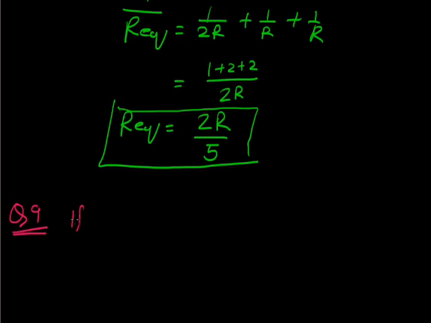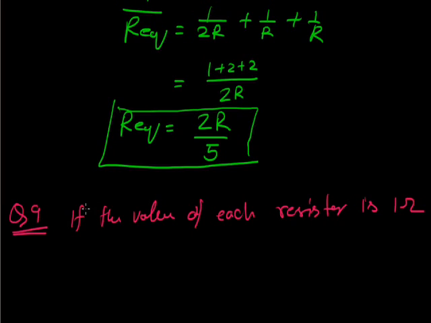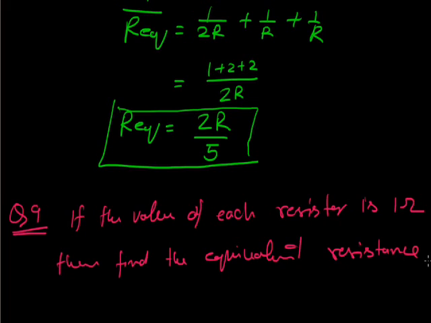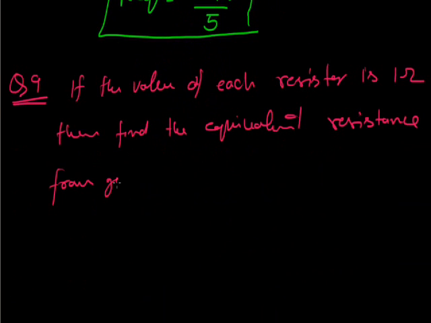Next question is: if the value of each resistor is 1 ohm, then find the equivalent resistance from given figure.